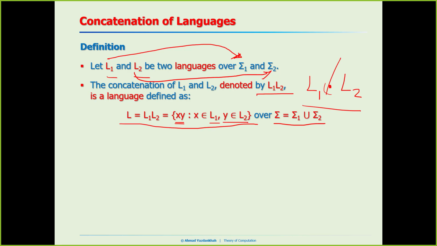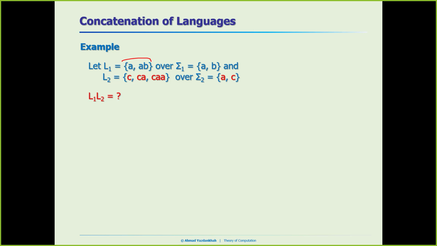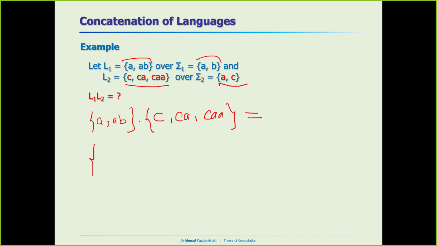Let me show this by an example. If L1 is this over A and B, if L2 is this over A and C, then the concatenation of L1 and L2 will be, based on the definition, some XY.